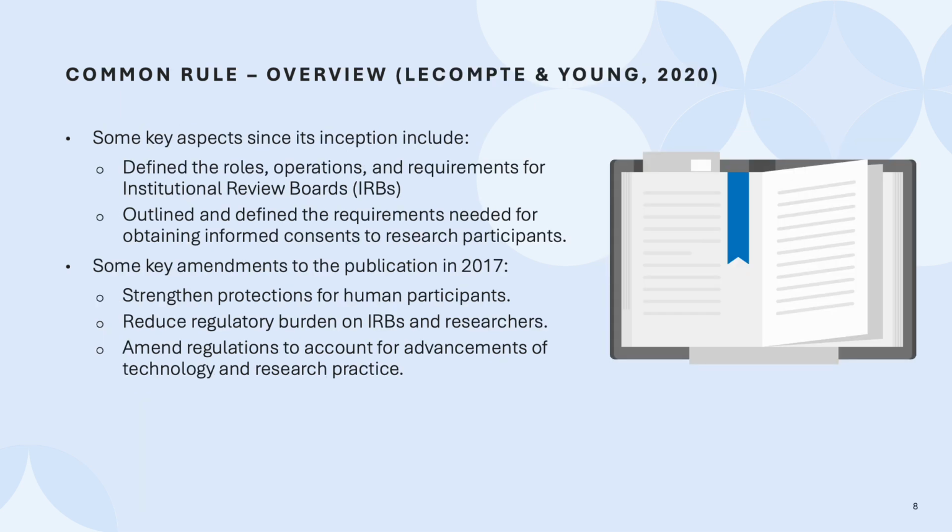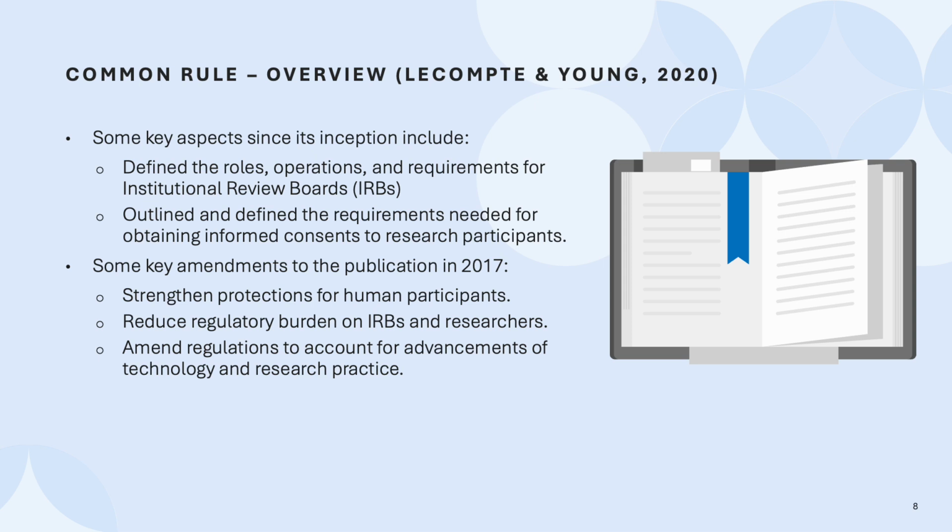Building on our understanding of the Common Rule, let's now dive into some of its crucial aspects since its beginning and highlight the significant amendments made in 2017. From its very inception, the Common Rule brought about essential definitions and requirements. Firstly, it clearly defined the roles, operations, and requirements for institutional review boards, or as they're called, the IRBs.